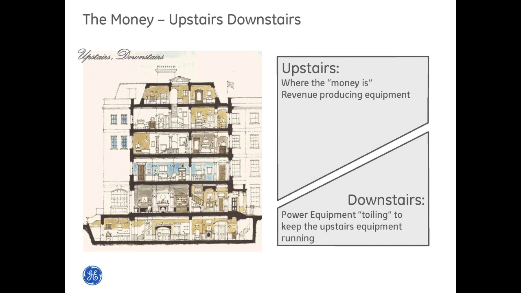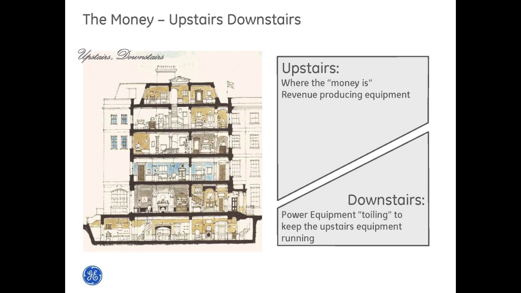I like to look at some of the history of central office switching and telecom applications, and when I do that, it reminds me of the old TV show that showed up on PBS a number of years ago, Upstairs, Downstairs. The similarities are that the upstairs part of this building is where the money is.